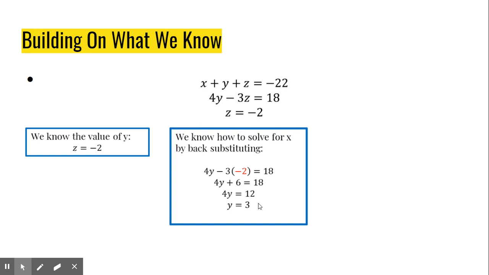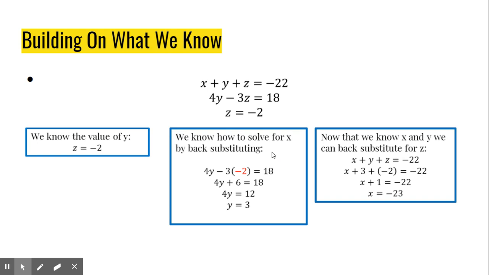Now that we know the value of z and y, we can back substitute to solve for x. So we focus on the first equation, where we will substitute 3 for y and -2 for z. When we combine 3 and -2, we end up with 1.